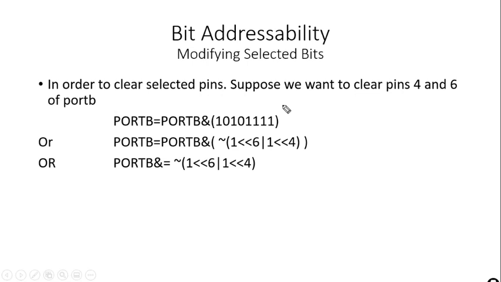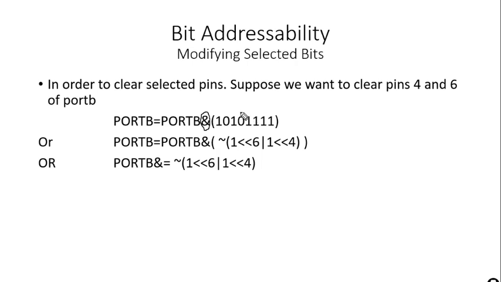Now we see how to clear selected bits. For clearing selected bits, the expression is almost similar, except that here we perform the AND operation. The AND operation of any bit with 1 will remain unchanged.